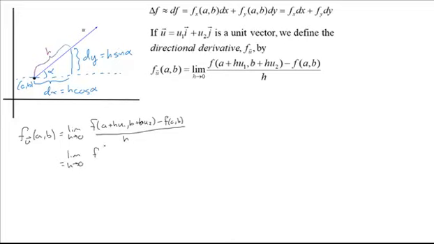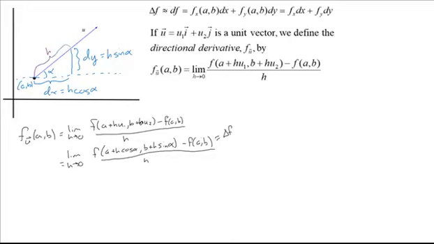So we have f of a plus h cosine alpha, comma, b plus h sine alpha, because those are the components of u1 and u2, minus f of a b, all over h.